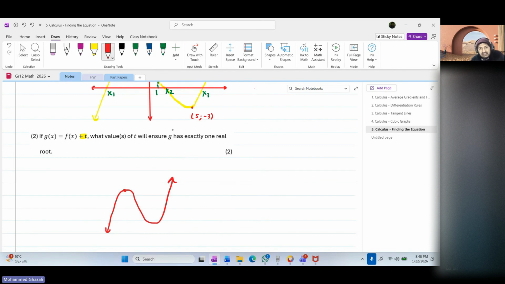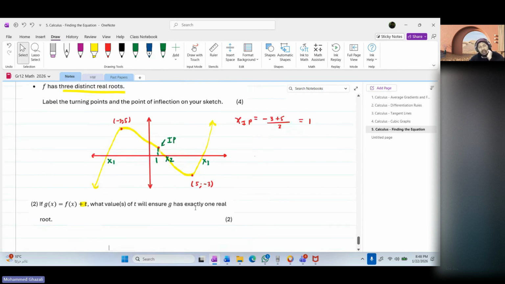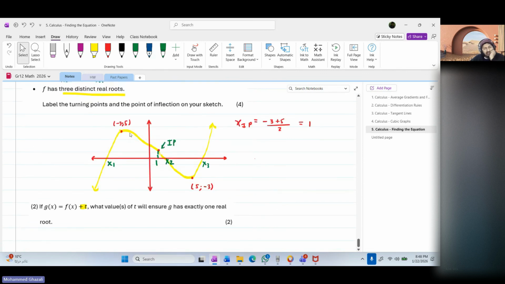At the moment, it has 3 distinct roots, okay? Ah, that's what the question is about. How must you shift this graph in such a way that this function will only have one real root? So this is based on this graph here. So let's try to shift this graph.